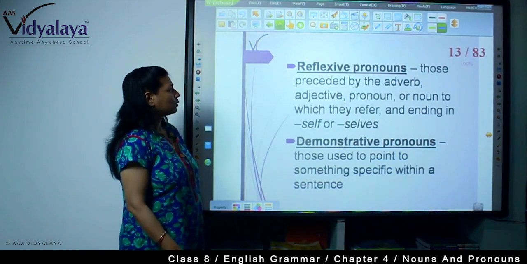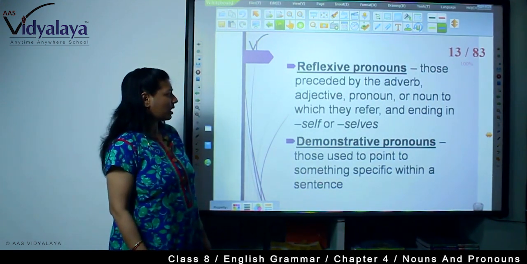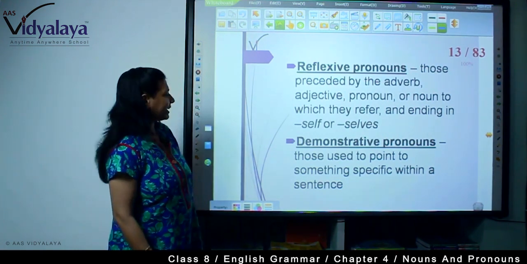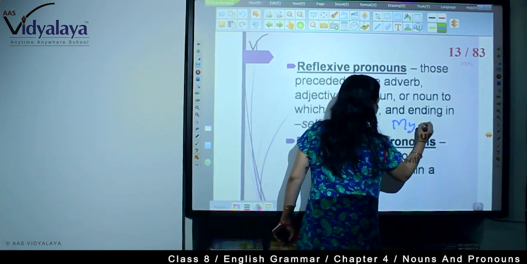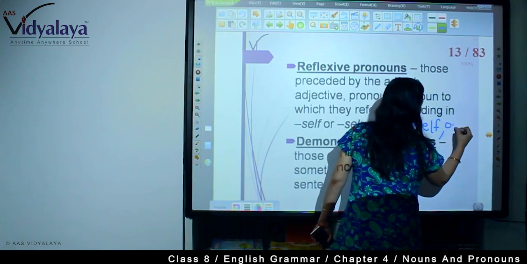Reflexive pronouns: those preceded by the adverb, adjective, pronoun or noun to which they refer and ending in self or selves, like myself, ourselves.